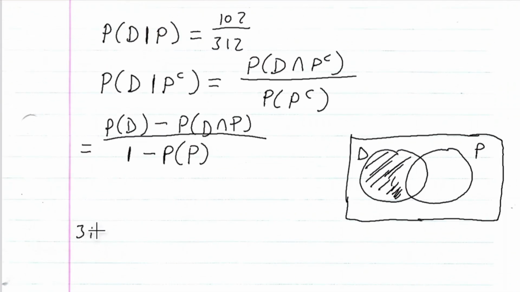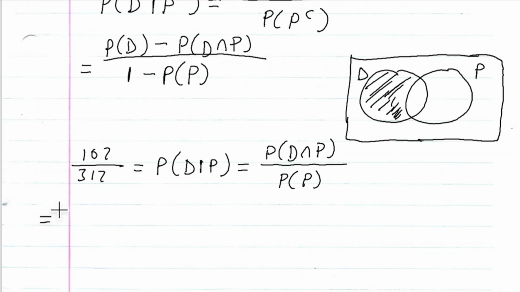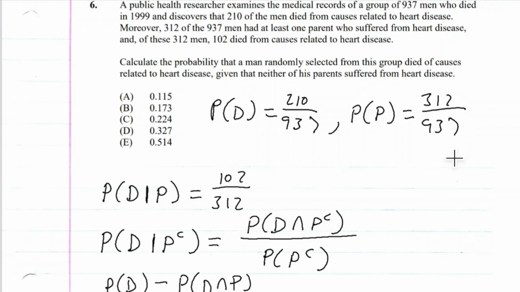I have that 102 over 312 is equal to the probability of D given P. And I know that this is equal to the probability of D intersection P over the probability of P. And I do have the probability of P. So this gives me 102 over 312 is equal to the probability of D intersection P over the probability of P, which was 312 over 937.